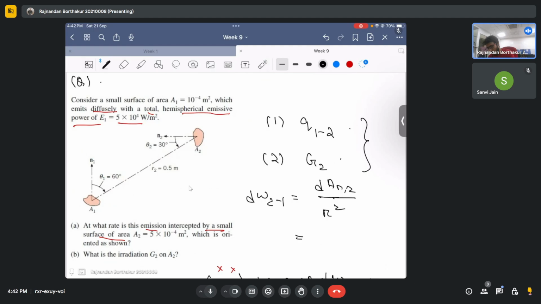And this dAn of 2, if you look at the geometry, can simply be written as A2 cos theta 2 divided by r2 squared. And this is exactly your d omega 2 1.